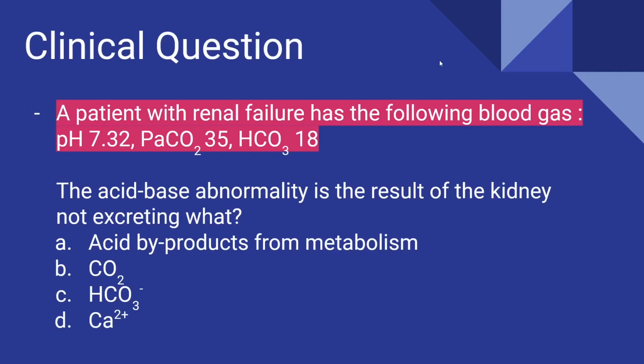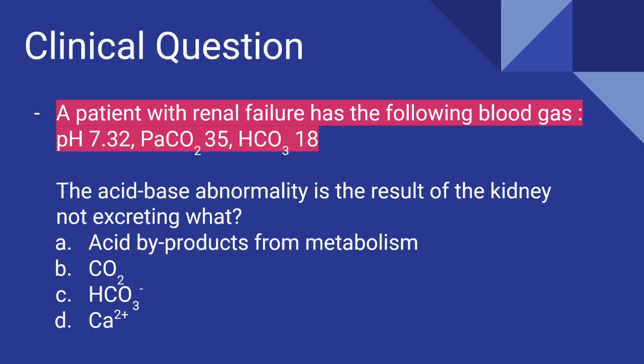All right, so we'll do some clinical questions here to wrap up renal. Now, something important with these questions is to really pay attention to what the question's asking. So you have a patient with renal failure who has the following blood gas: 7.32 pH, that's acidotic, a CO2 of 35, that's normal, and a bicarb of 18.